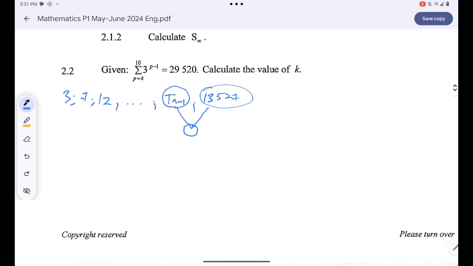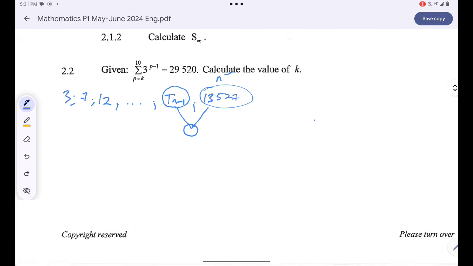I think the best way to answer this question is to find the position of the last term, because if you find the position of the last term, it will be easier for us to determine the value of this term there.